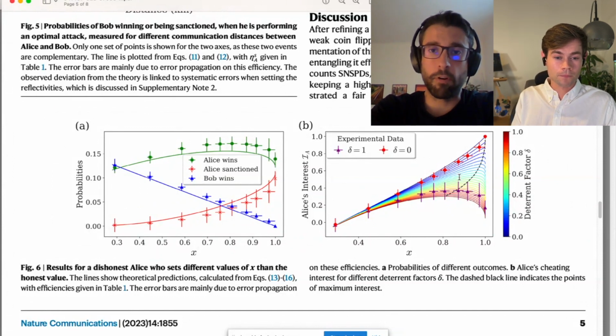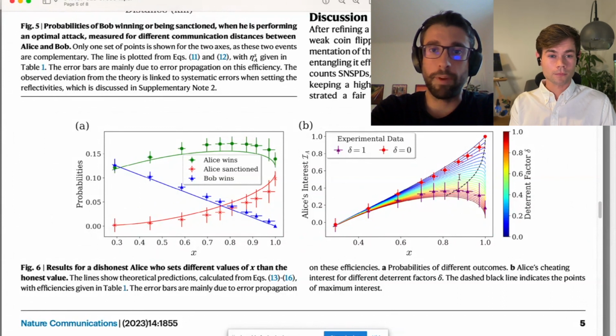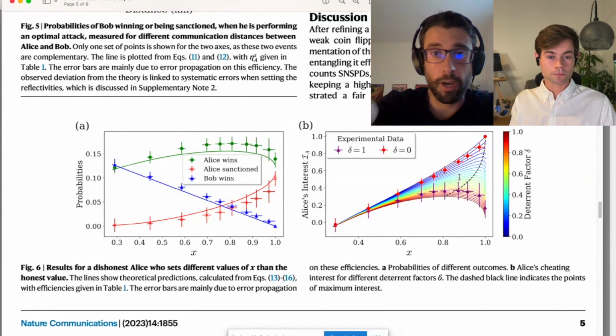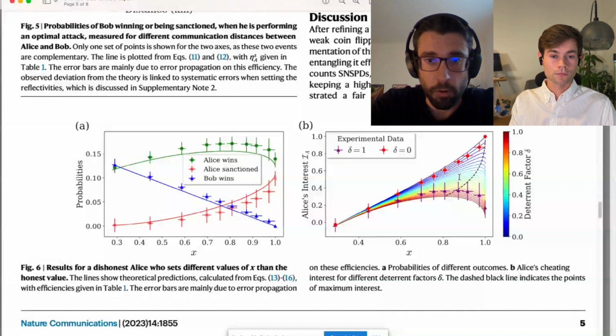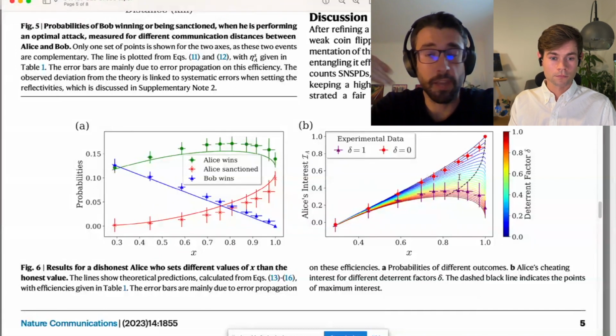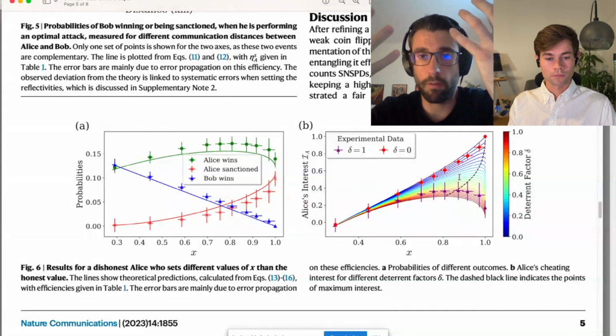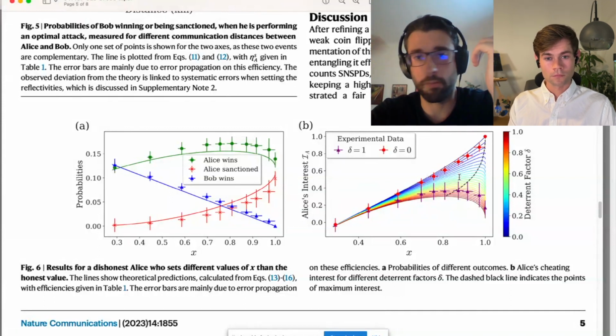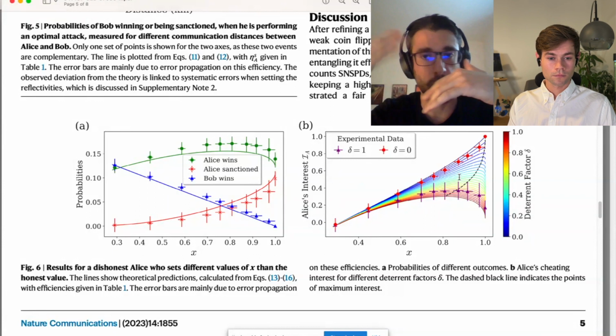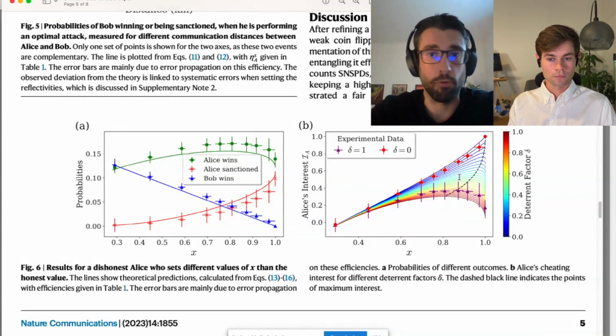So that's a very good question. It's very dependent on the theory that you use. What you're actually saying would be a totally valid way of doing things, right? You get some amount of points for winning, and you get some penalty for being caught cheating. And of course, as delta increases, this penalty is larger. And in the end, you kind of want to maximize your gains, right?